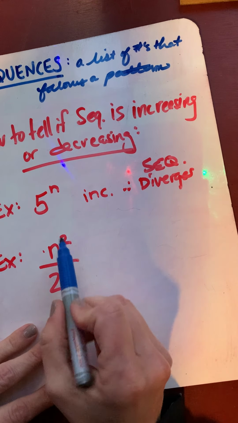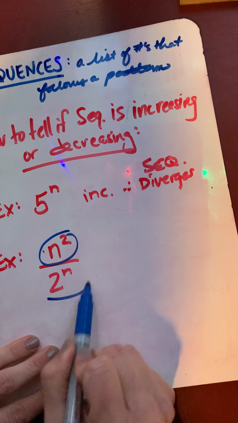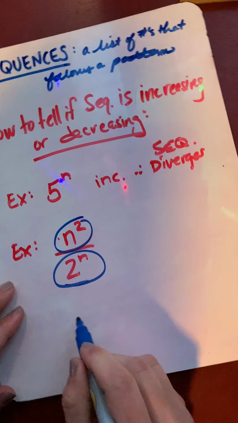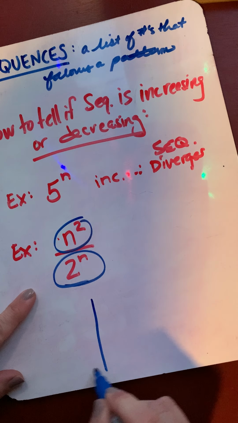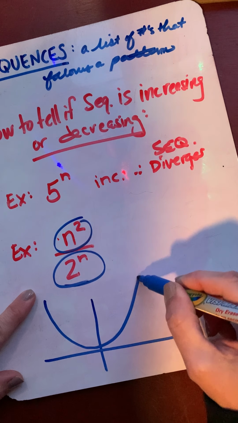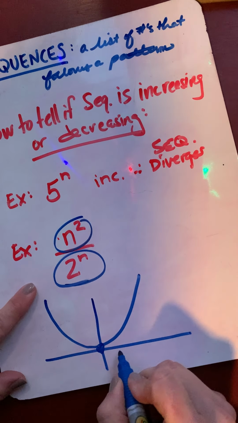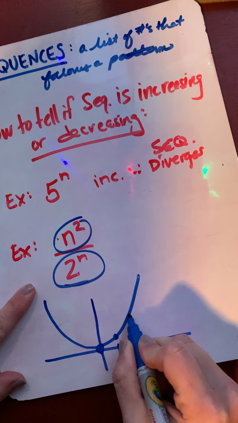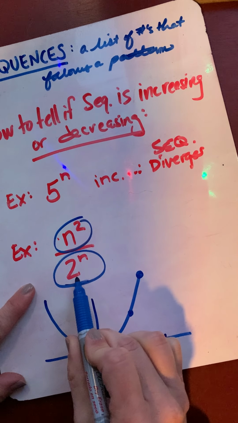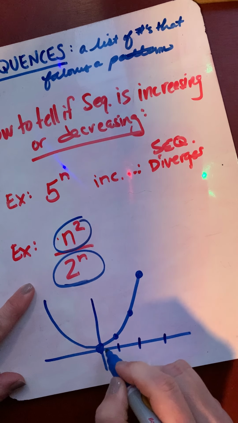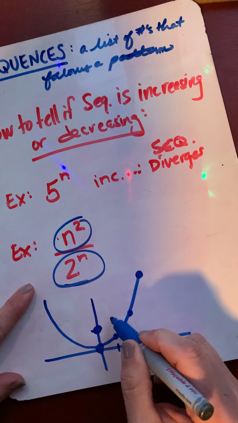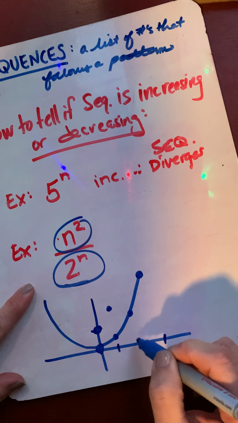In this case, which grows faster, a parabola or an exponential function? You could graph them if you want. This is not what you actually have to do, but just to think about it for a second. A parabola goes like this. I have 0, 0. I've got 1, 1, 2, 4, 3, 9. My exponential function is going to be here, 1, 2, 3, whatever.